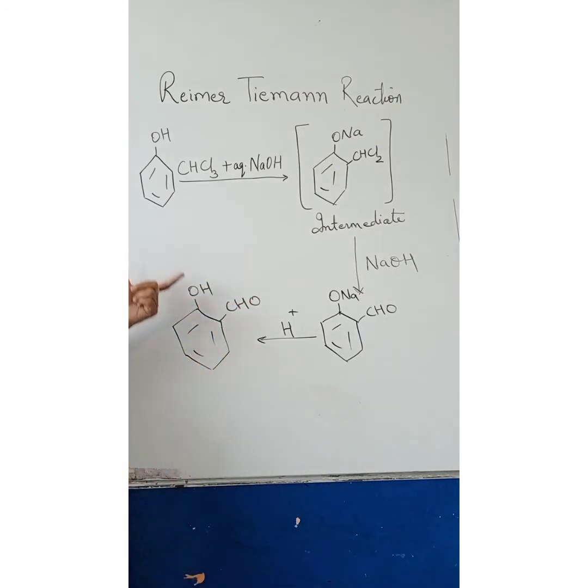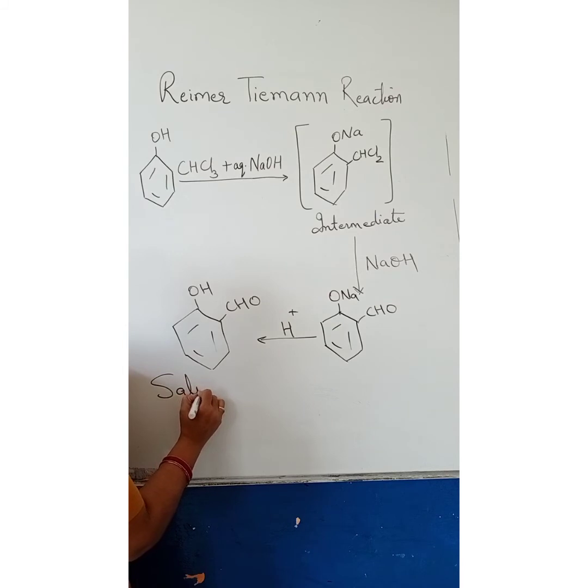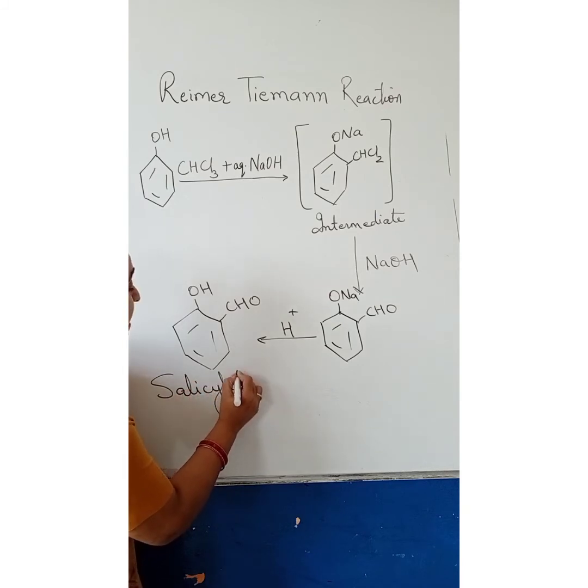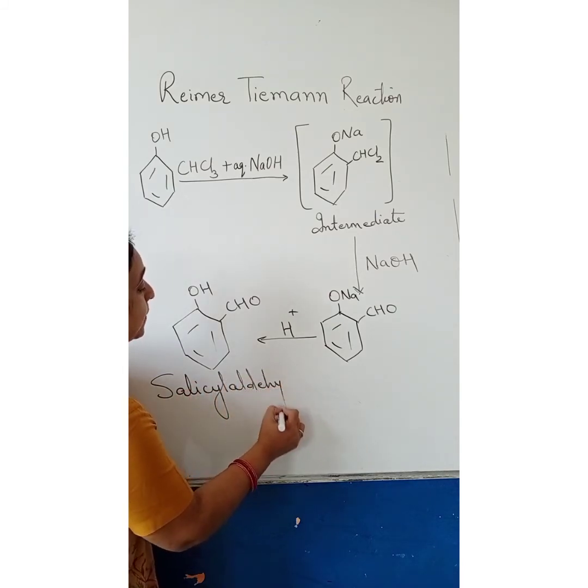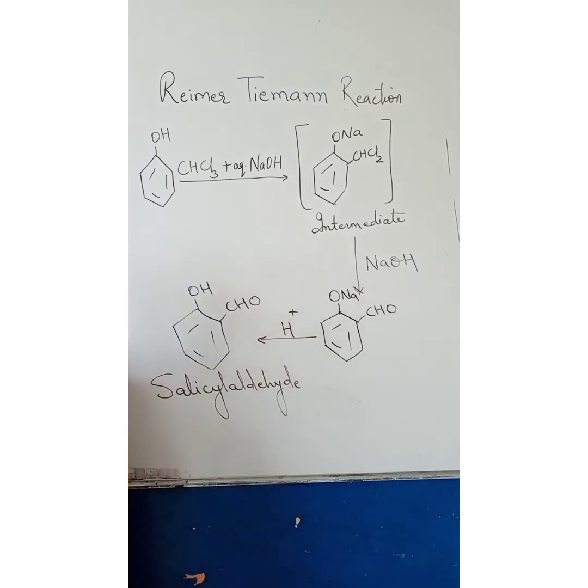So you can see we have a compound which contains an aldehyde group. The name of this compound is salicylaldehyde. So it's a very important conversion also, phenol to salicylaldehyde, and this reaction is popularly known as Reimer-Tiemann reaction.